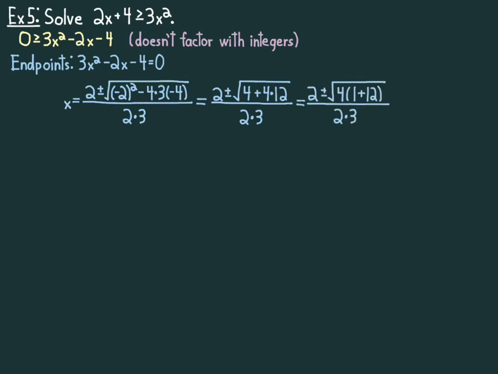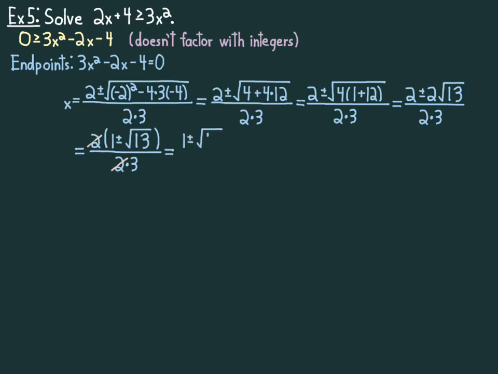Now you could factor the 2 out of the numerator and then cancel it with the 2. Or if you understand that well enough, you could just cancel the 2's, as long as there's a 2 in both terms in the numerator. Anyway, those two 2's cancel there. And so you get 1 plus or minus square root of 13 over 3.